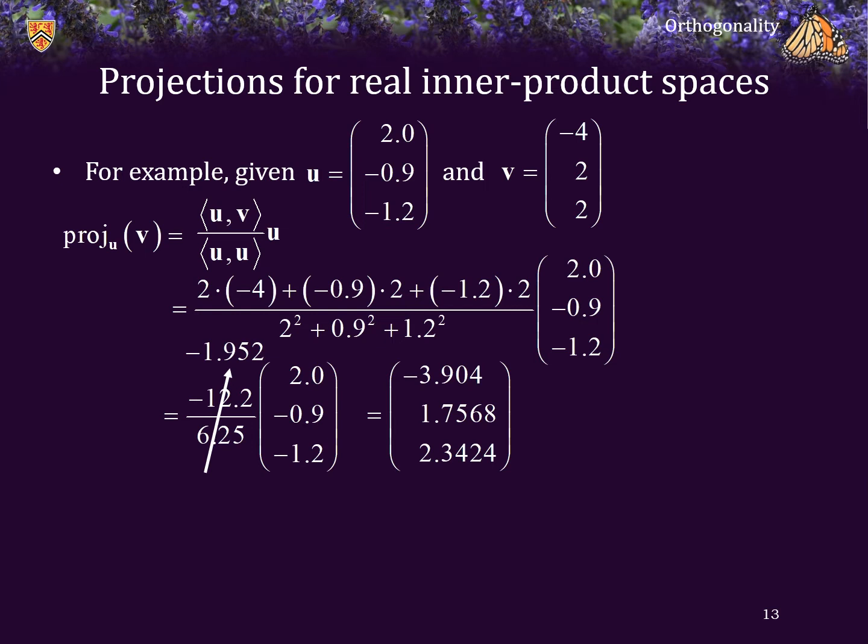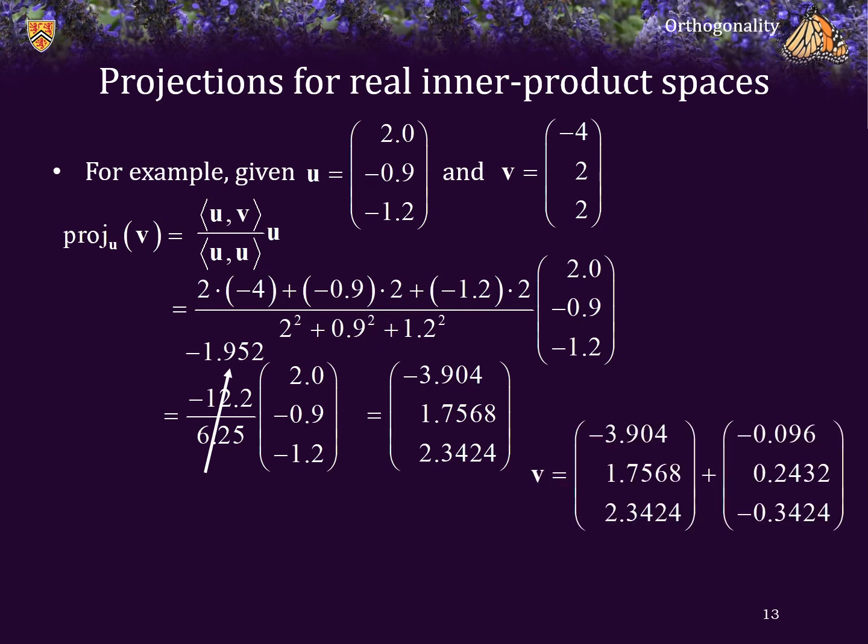Now, notice that the vector v is indeed equal to this vector here plus the perpendicular component. So those two vectors added together give the vector v, and remember that the vector u, or any scalar multiple thereof, and the perpendicular component are orthogonal, and therefore the inner products of these must be 0.